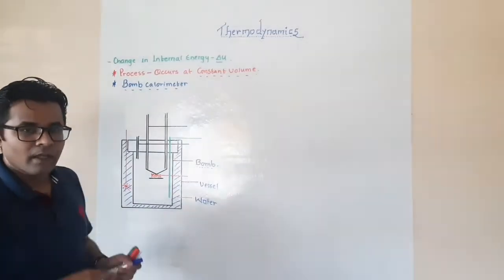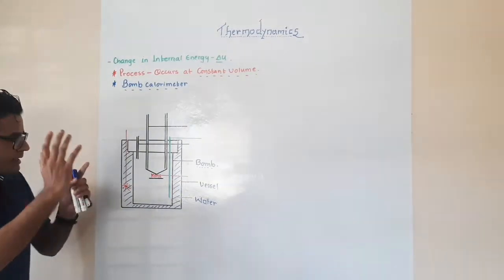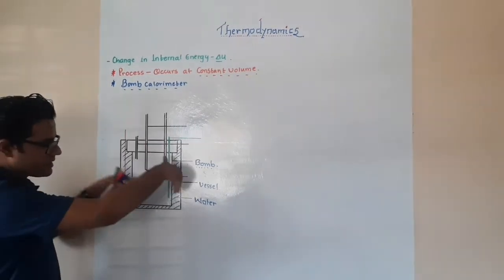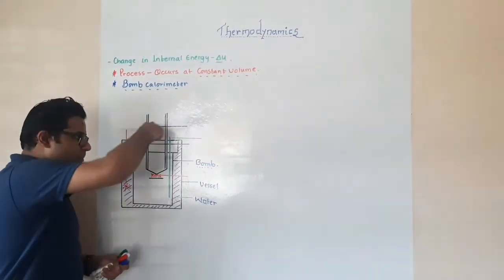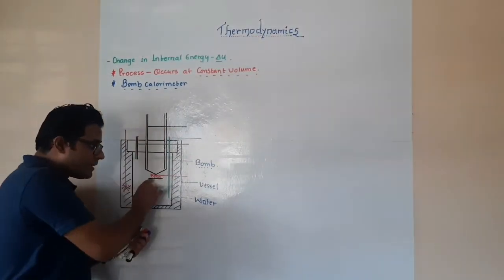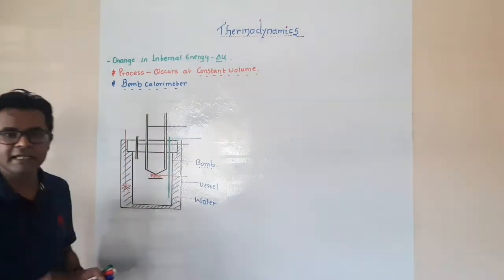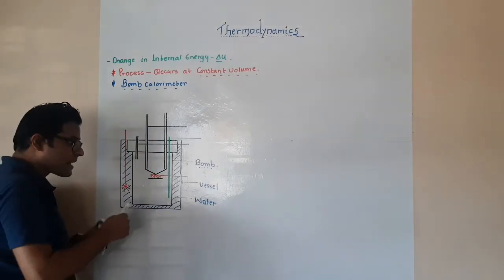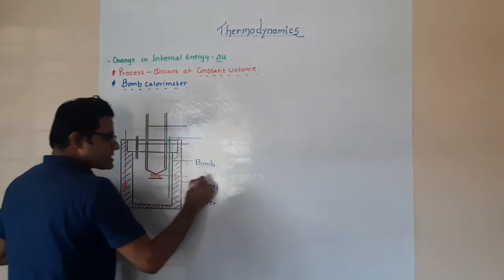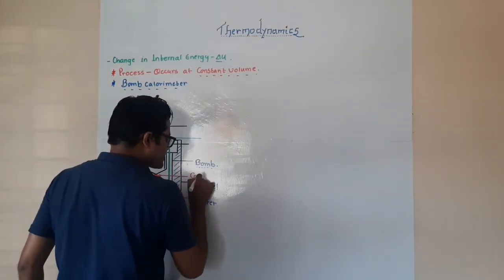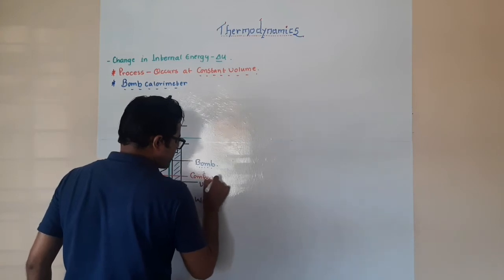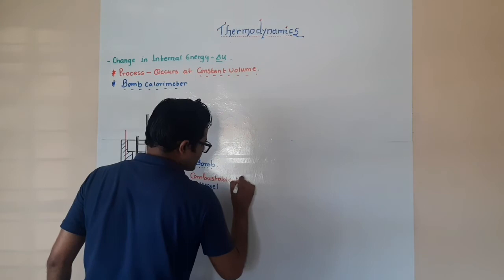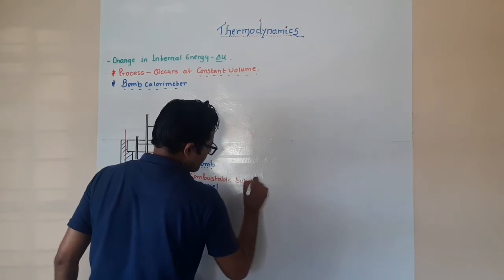Now how do they do it? Try to understand this. The bomb is taken and it is immersed in water. In this bomb, they are going to keep a combustible substance. If you can see this red colored one over here, this is going to be the combustible substance.